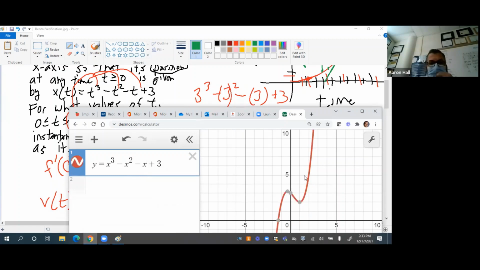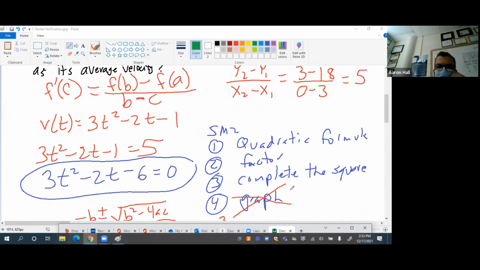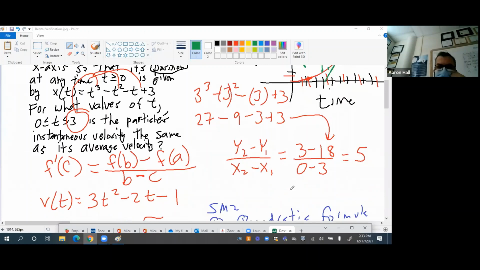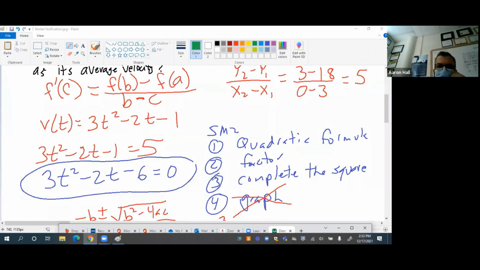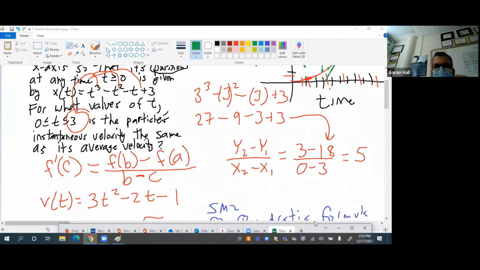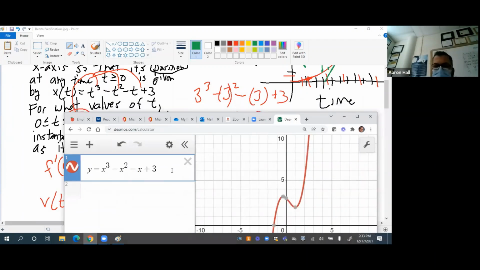We have this graph right here. And we found a point, what was that? The slope is 5. Let's find our average rate of change. Average rate of change, what was our slope? 5.